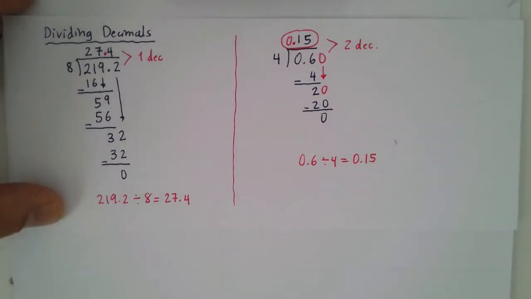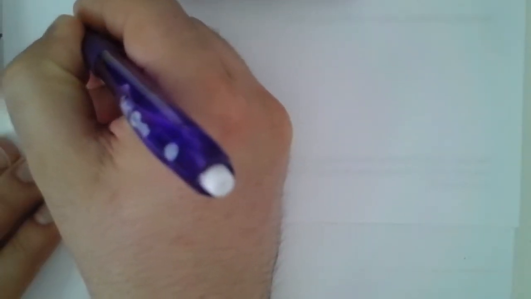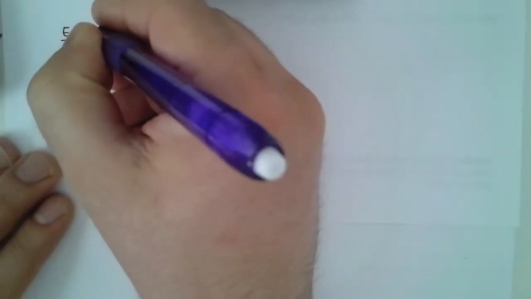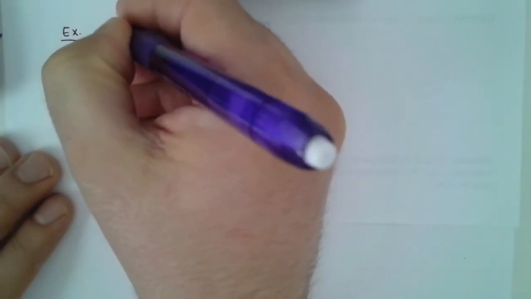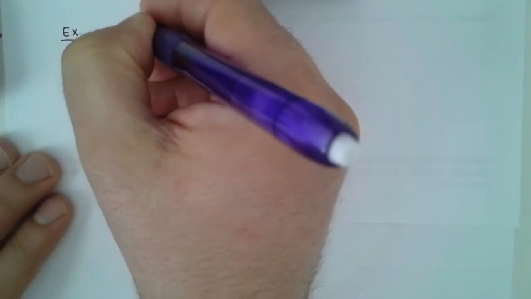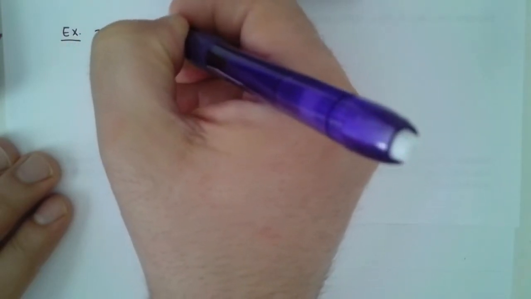Now let's move on to the next type. What if you have a decimal number divided by another decimal number? For example, look at this. You have 258.8 divided by 2.8. In this case, there's a simple, nice way to change the divisor into a whole number.